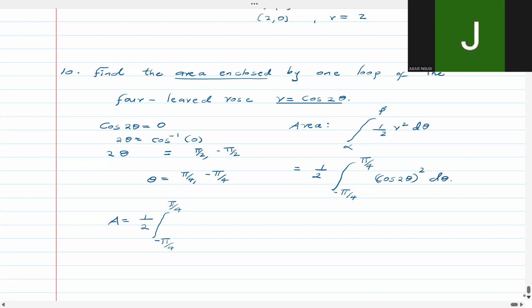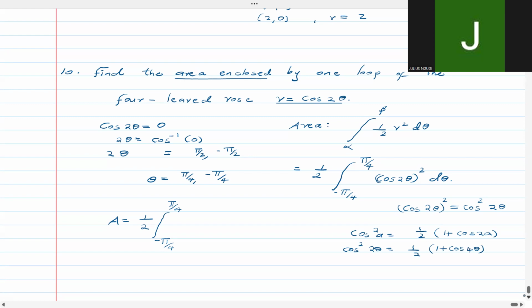We recall that cosine 2 theta squared is the same as cosine squared of 2 theta. But there's an identity that says cosine squared of A equals a half times 1 plus cosine of 2A. In this case my A is 2 theta, so cosine squared of 2 theta equals a half times 1 plus cosine of 2 times 2 theta, that's 4 theta.